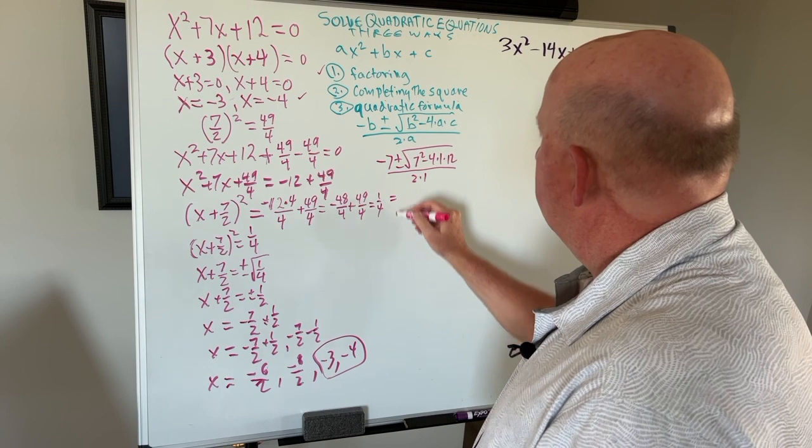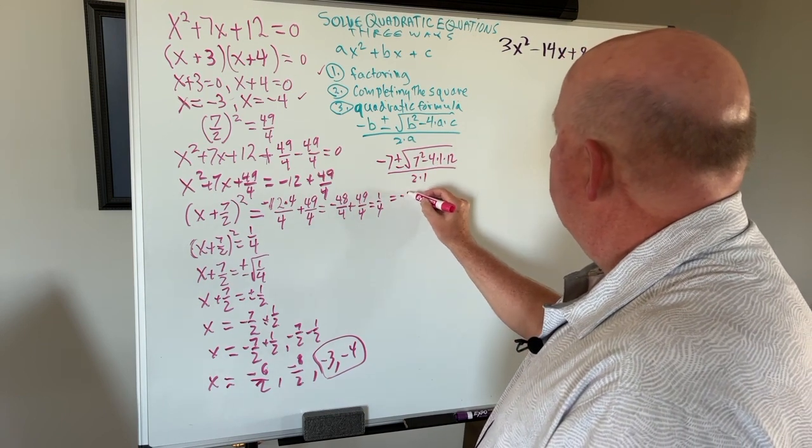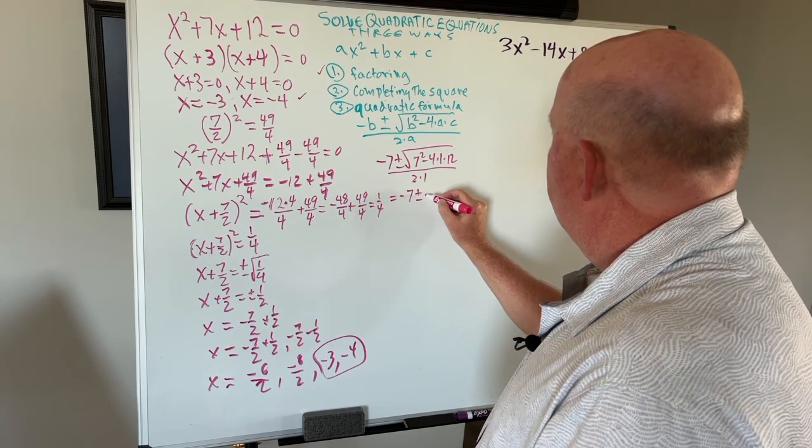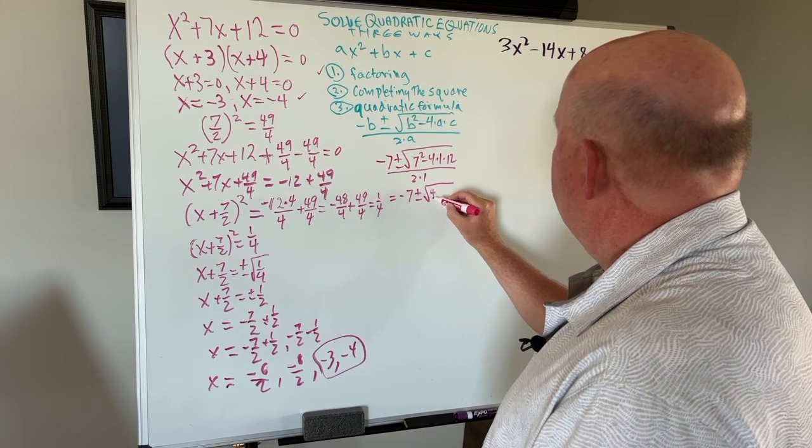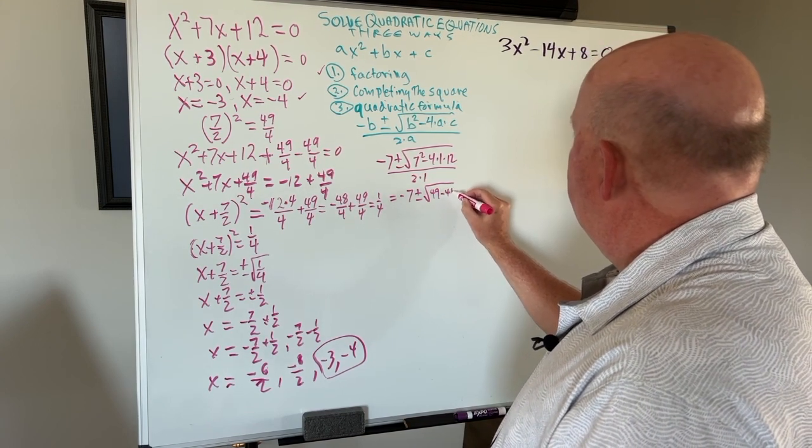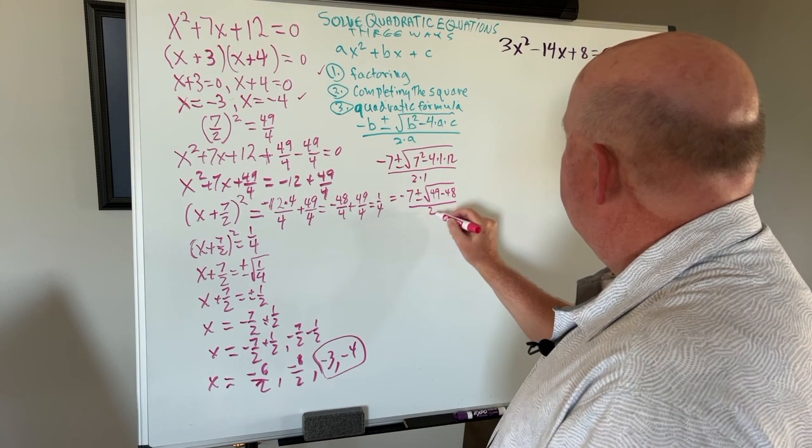That equals negative 7 plus or minus the square root of 49 minus 48, over 2.